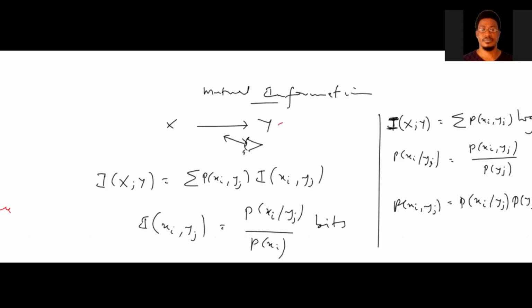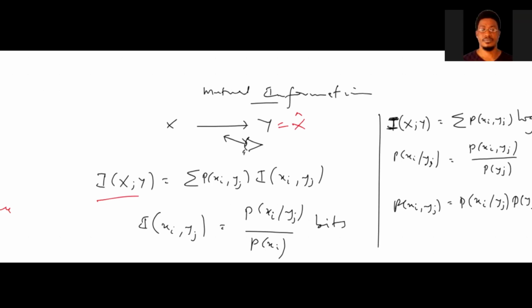So we are observing X from Y. And the amount of information we are able to gain about X from Y is the mutual information.